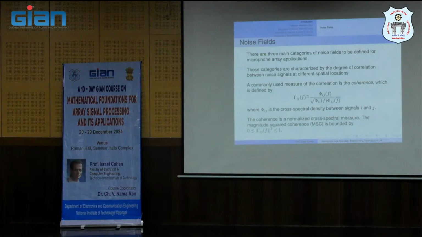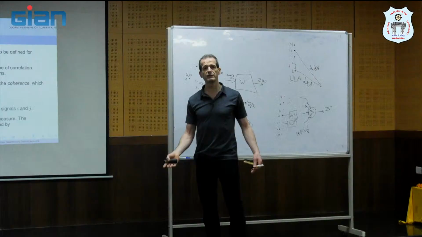And of course, in practical environments, it's a combination. It's more complicated because we have some surfaces, the noise hits some surfaces and propagates with a certain transfer function and so on. But the standard simplest noise fields are three types.